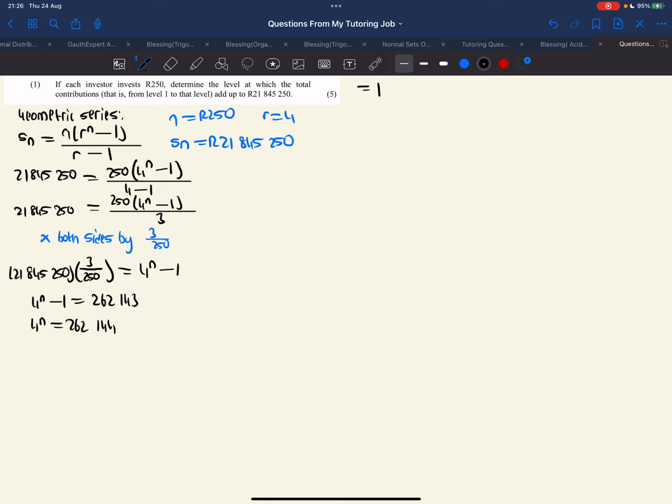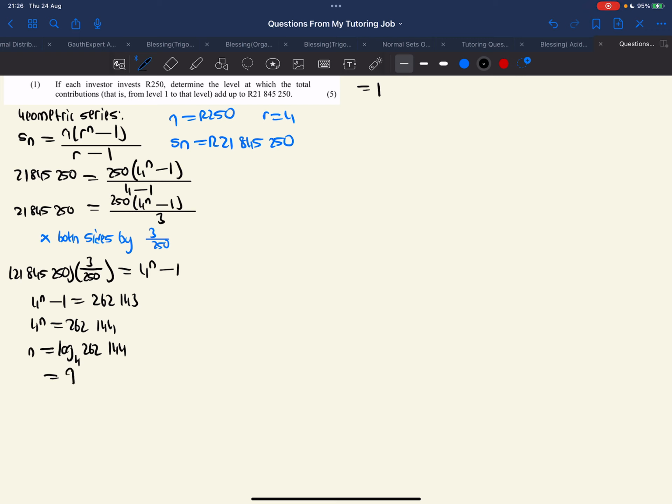But to make my work much easier, I'm going to use a logarithmic function. So I'm going to say n equals log base 4 of 262,144. If I plug that into the calculator, I get an answer which is 9.